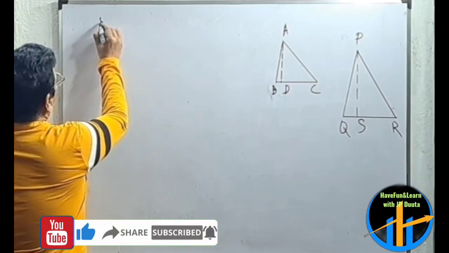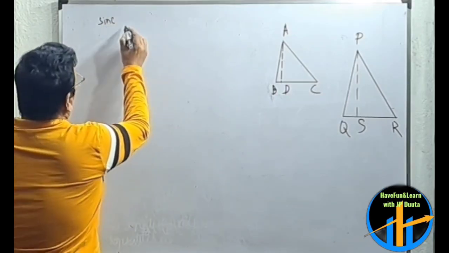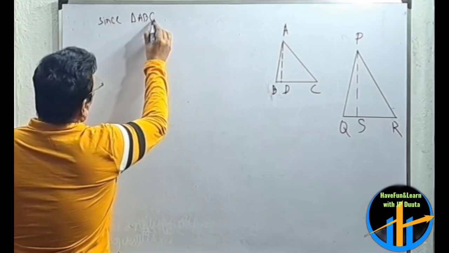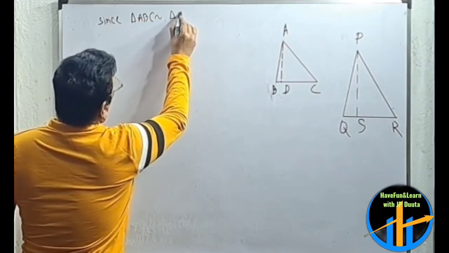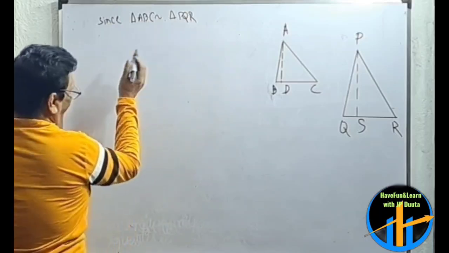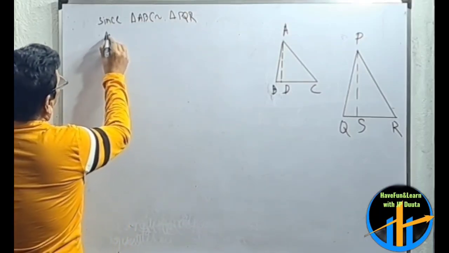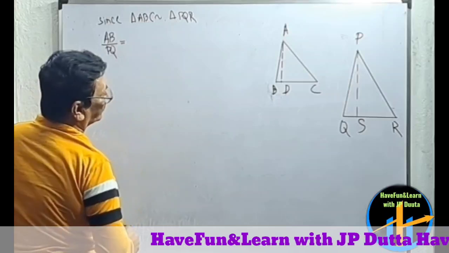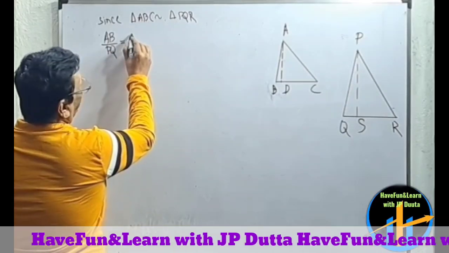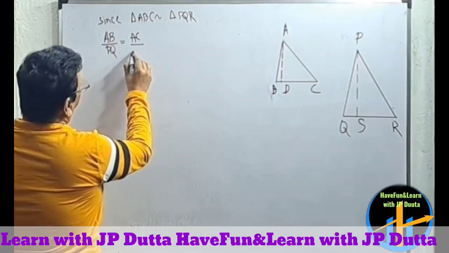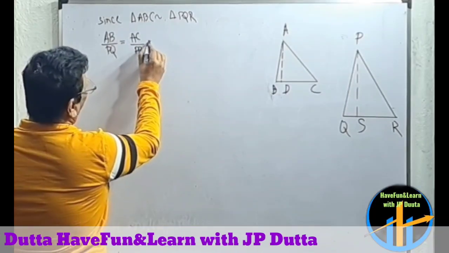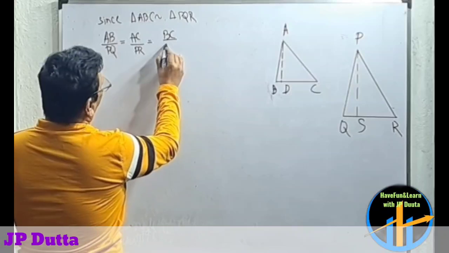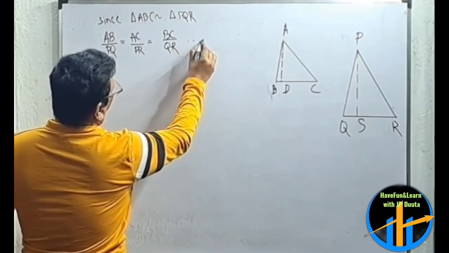So since triangle ABC is similar to triangle PQR, we have this relation: AB by PQ is equal to AC by PR, and that is equal to BC by QR. This is equation number 1.